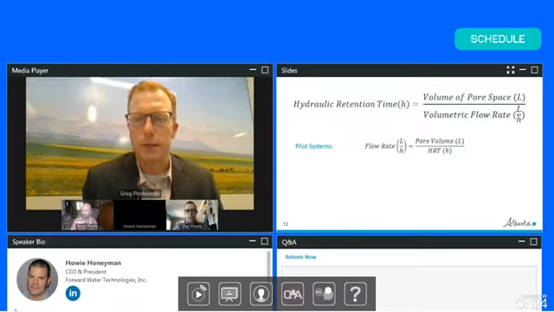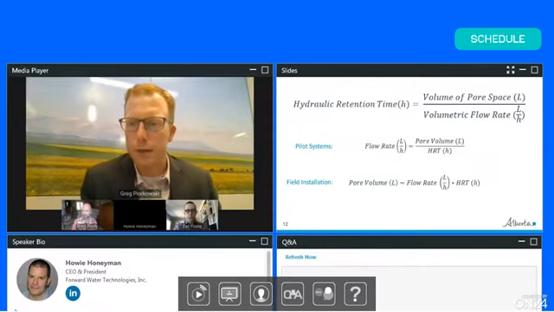If you want to control the retention time, we have to control the flow rate, so we do have a flow rate adjustment here. It's a little bit different from a field installation because you don't control the flow rate. The flow rate is basically a product of the area of land and precipitation conditions and groundwater conditions. So if we have a target retention time, then we can calculate the pore volume.